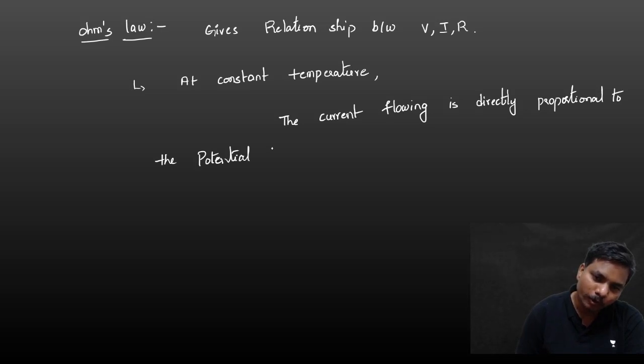If you have more potential difference, more current is flowing. Less potential difference, less current is flowing. So it is directly proportional to the potential difference.